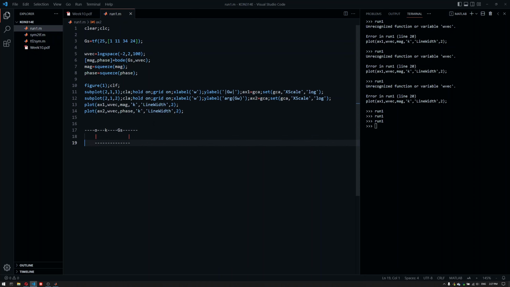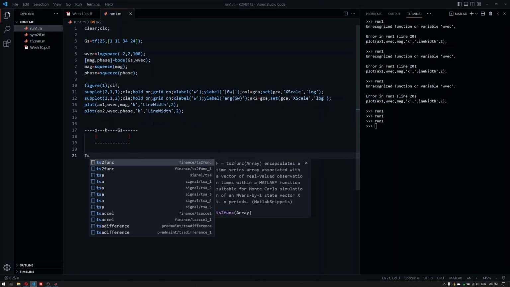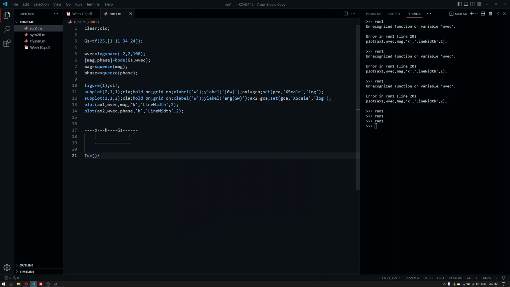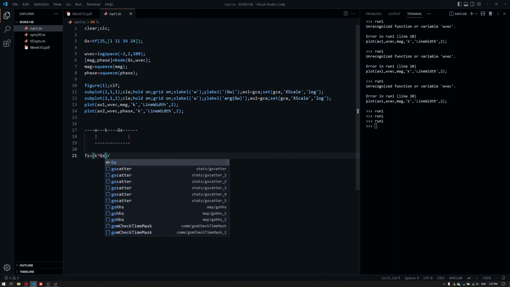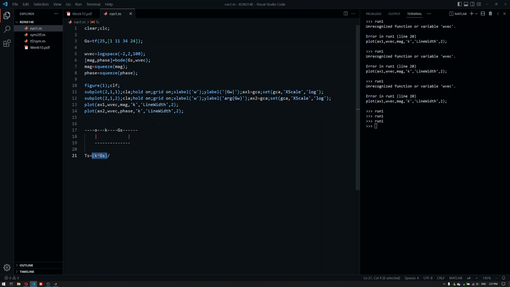And we know that when we have this kind of structure, we have T(s) equals K times G(s) divided by 1 plus K times G(s). So that's that.